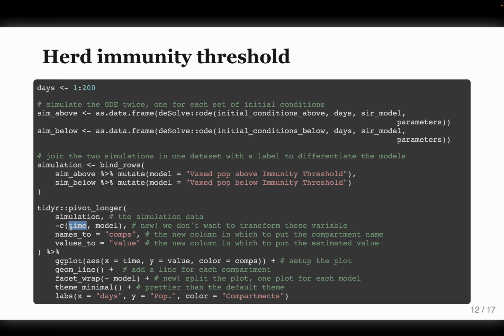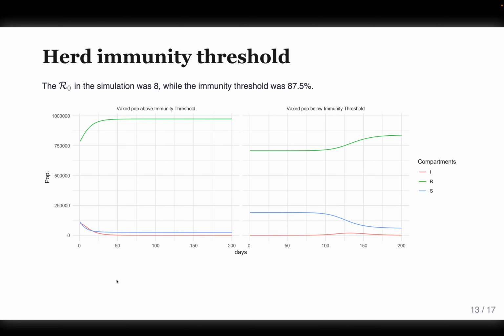We can do this by using a vector with the names of these columns and adding a minus above, or we could have used a vector with minus time and minus model. It's totally the same. And then the other extra line is facet_wrap, which allows us to split up a plot according to some variable. This means that we want to have two different plots, one for each model. And this is the output.